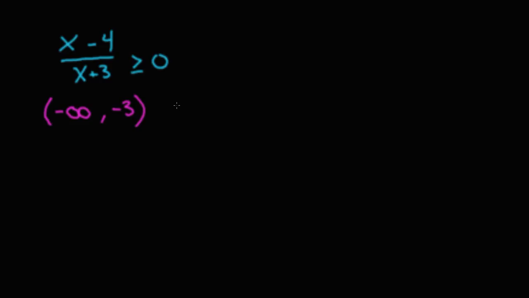Then we have to look at the interval from negative 3 to 4, and then we'll also have to look at the interval from 4 to infinity. And we're going to leave this as not equal to 4 just because we'll have to test it out. It could be equal to 4, but we're not sure.